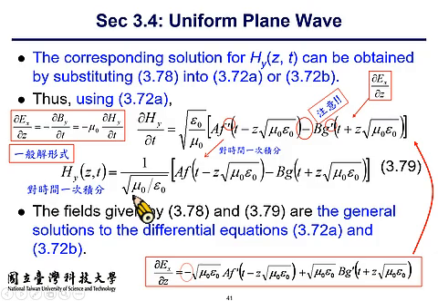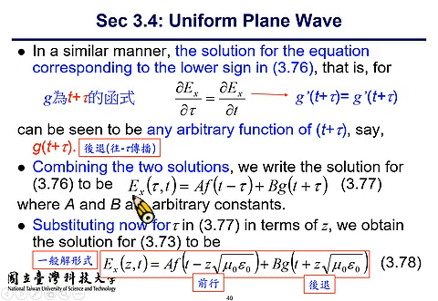through an example. Before we do that, we already wrote up the general solution for what? For the electrical field. And in this slide, this is the general solution for the electrical field. And what is the general solution for the magnetic field?